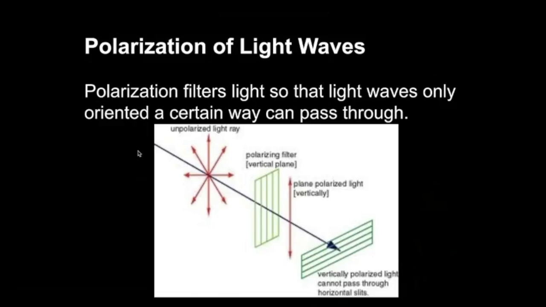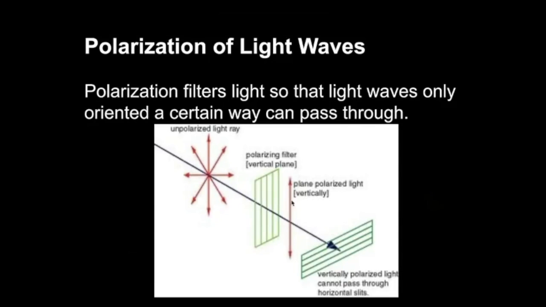Next, we've got polarization of light waves. Now, this is a little bit hard to visualize, but maybe some of you have polarized sunglasses. Think of light waves as those little packets of transverse waves. Sometimes you've got waves oscillating up and down towards you. Sometimes you've got them going side to side. Sometimes you've got them going at some oblique angle.